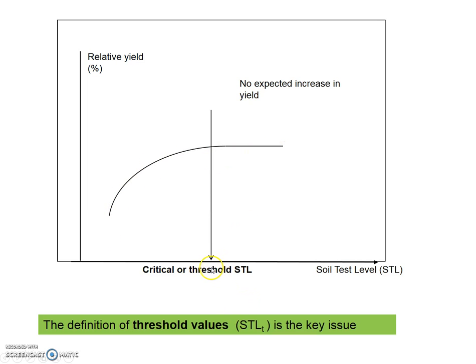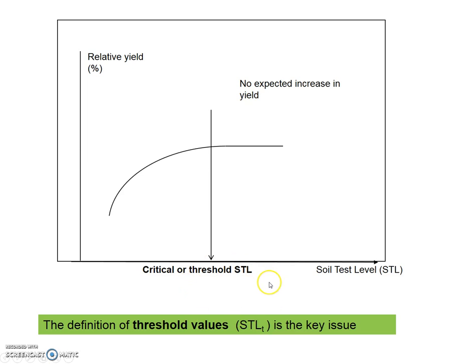Above a given value of the soil test level, we won't have any response. This value is the so-called critical or threshold STL, soil test level. In other words, above the critical soil test level, we should not expect any increase in yield.